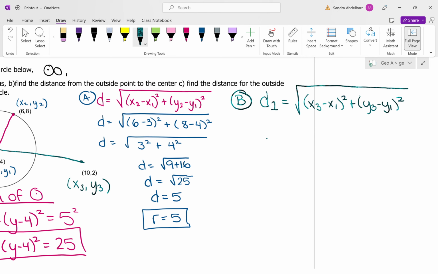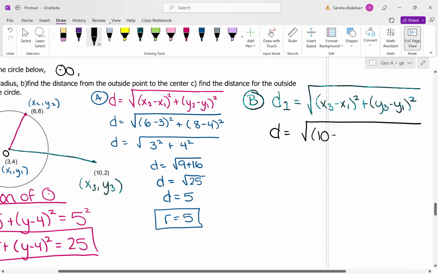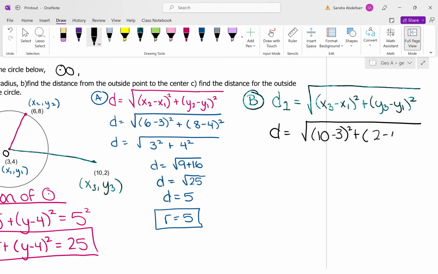So now we substitute in. I'm going to have 10 minus 3, that quantity squared, plus 2 minus 4, that quantity squared, all under the radical.